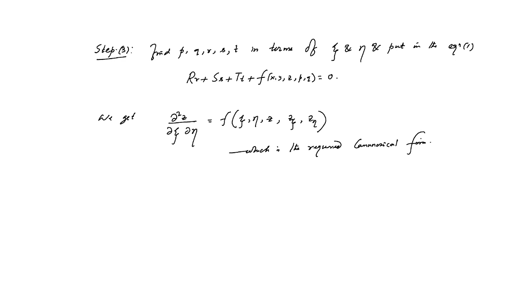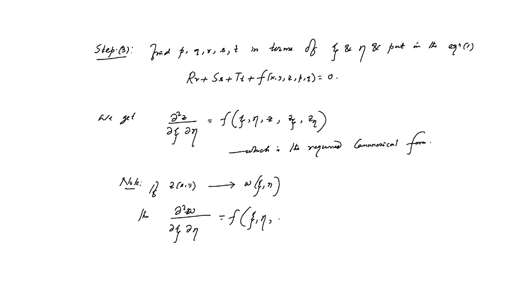Or you can, if note, if zxy transforms to say omega(xi, eta), then the canonical form will be, in place of del square z, you will see del square omega del xi del eta, this is equals to f(xi, eta, omega, omega xi, omega eta).